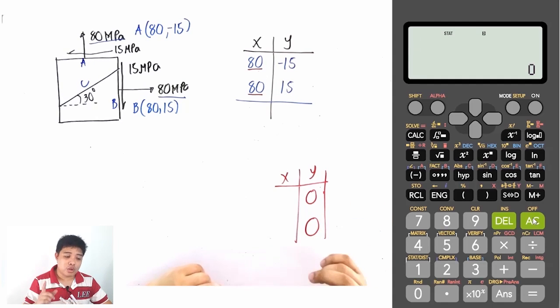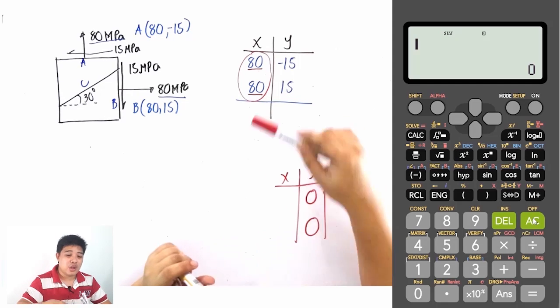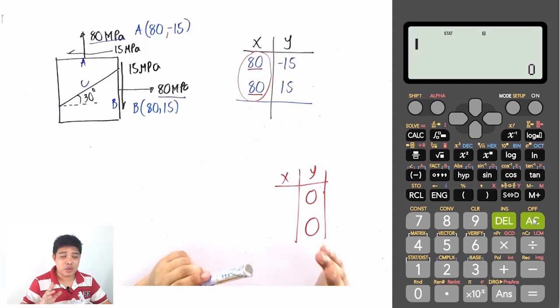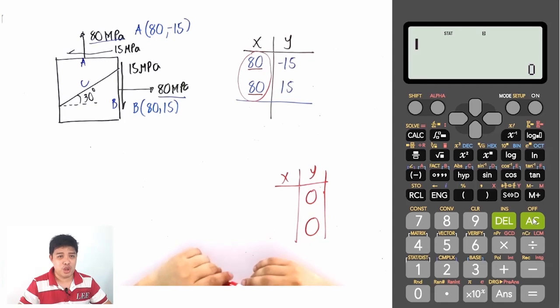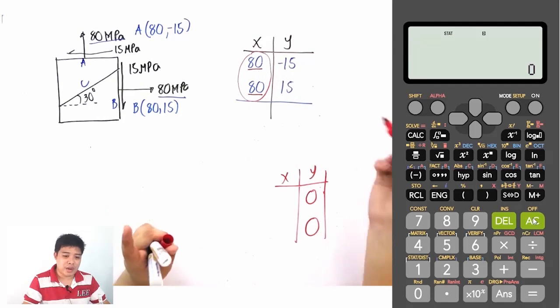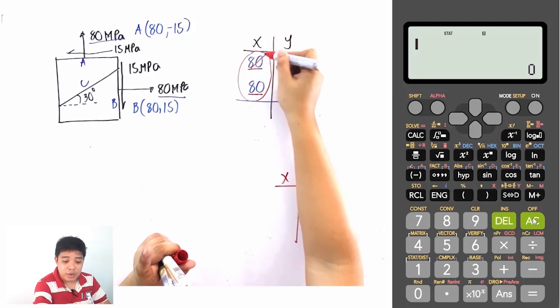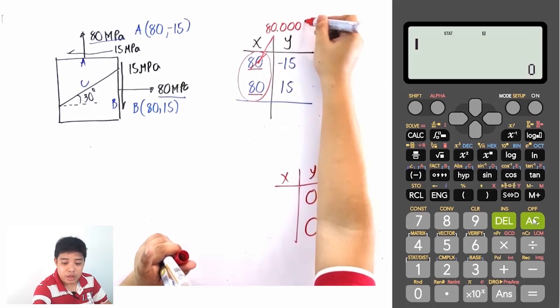You should put a very small increment on any of these, so that equal values of x will not happen. You can add it either here or here. So instead of 80, it will become 80.001.